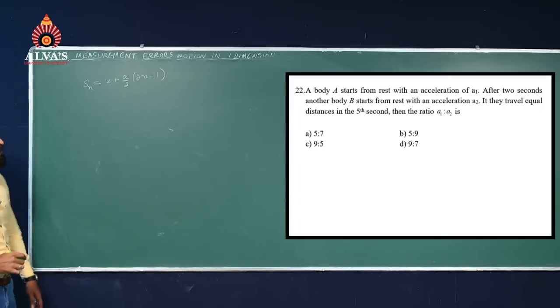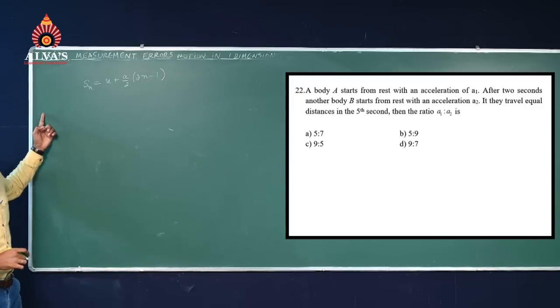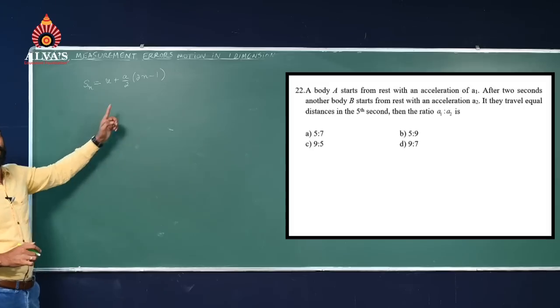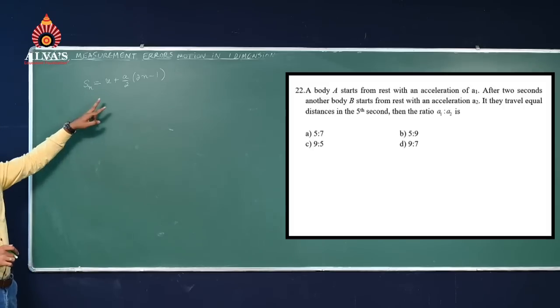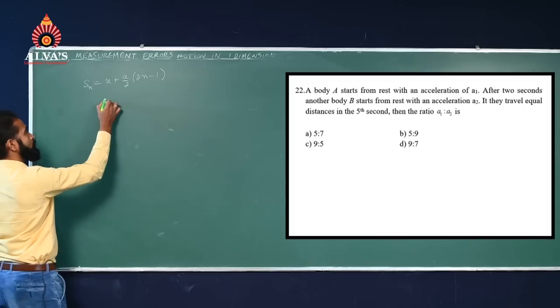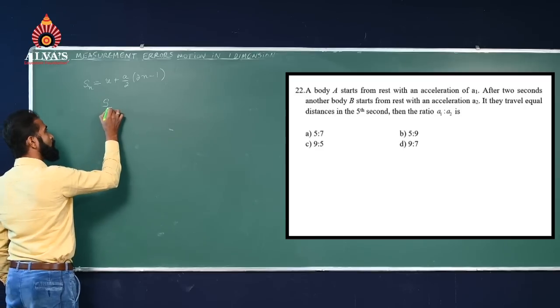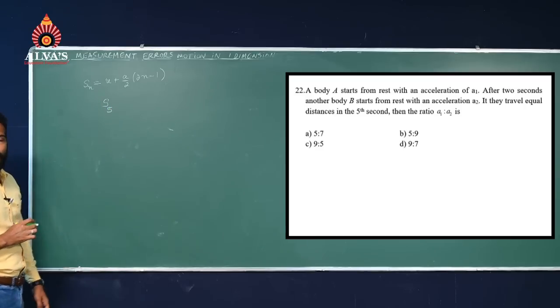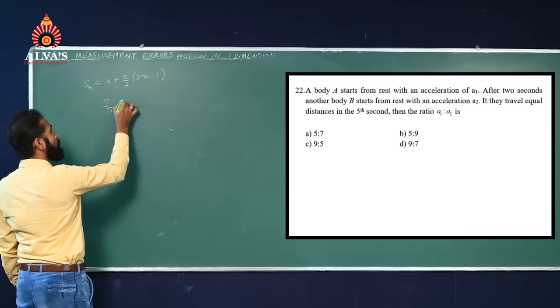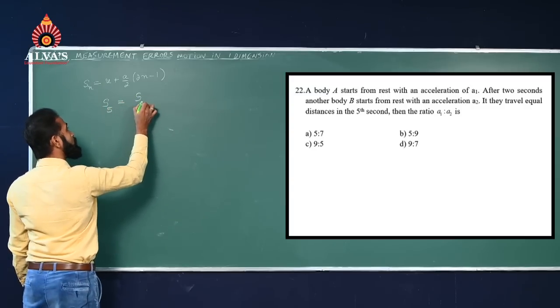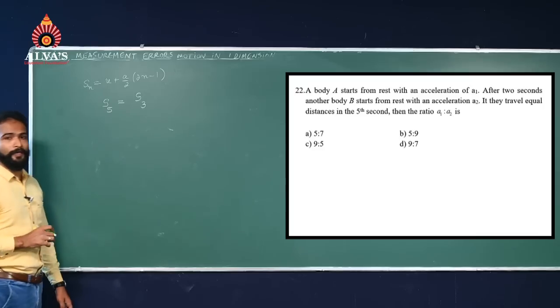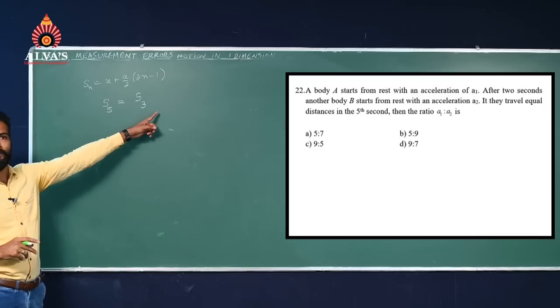So the question says the first body starts, it travels a total time of 5 seconds. Then after 2 seconds, the second body starts. So what the question says is, the distance traveled by the body in the 5th second is same as the distance traveled by the second body in the 3rd second, because the second body only travels for 3 seconds.